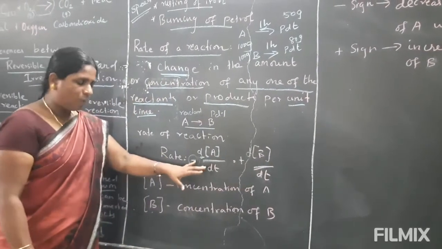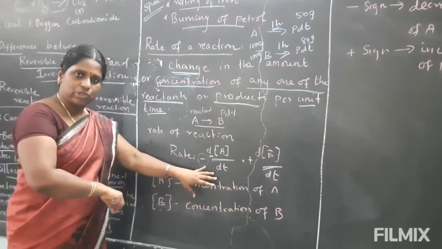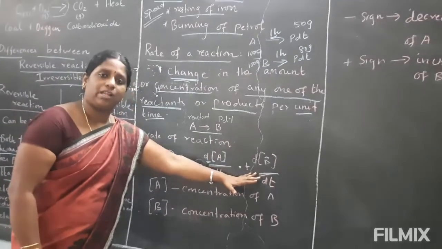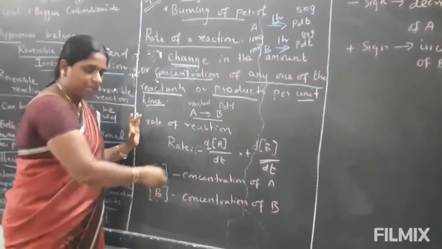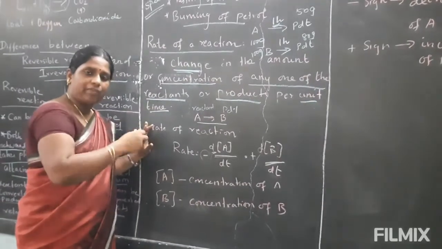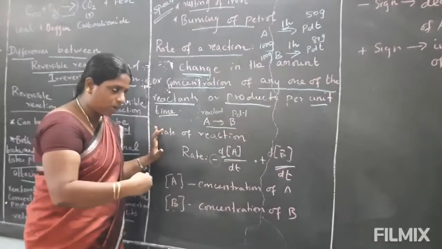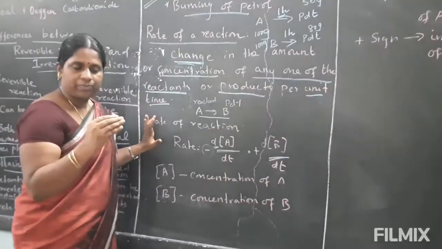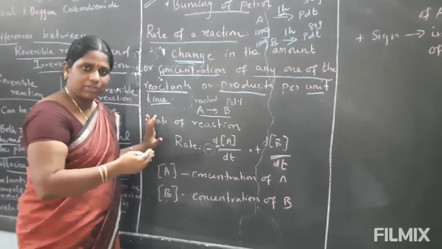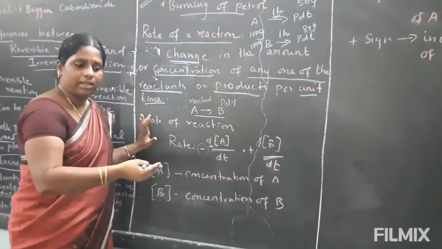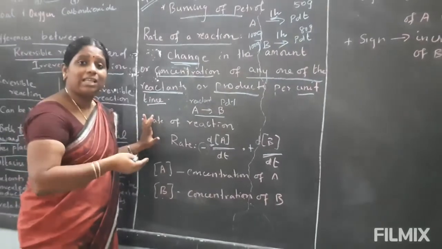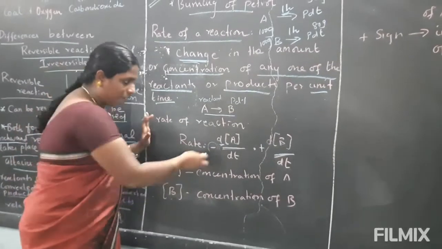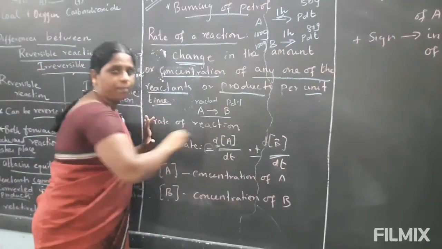So why do we put a negative sign on the concentration of A and a positive sign on the concentration of B? Because negative means A decreases in concentration, as A is continuously converted into product. B is the product, so its concentration increases.